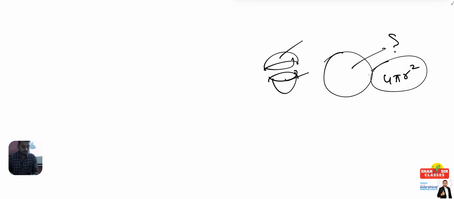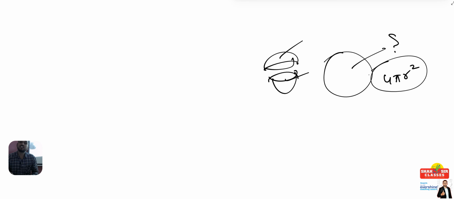Any doubts? What is the formula to find the volume of a cone? I didn't ask surface area. Volume. 1 by 3 pi r square h.